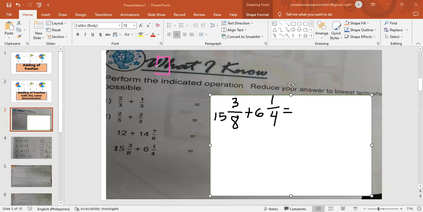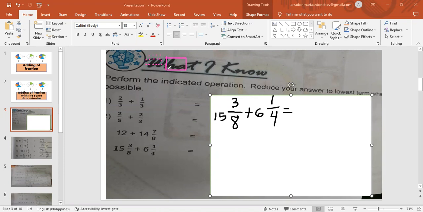Imagine we have 15 rectangles. 1, 2, 3, 4, 5, 6, 7, 8, 9, 10, 11, 12, 13, 14, 15. But the other rectangle is not complete.